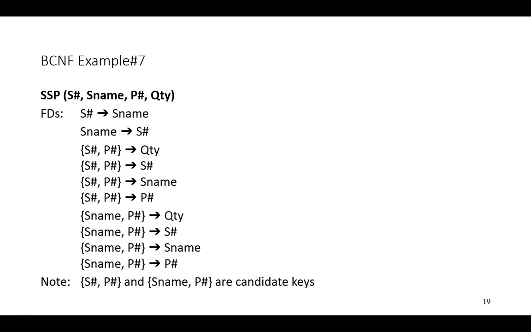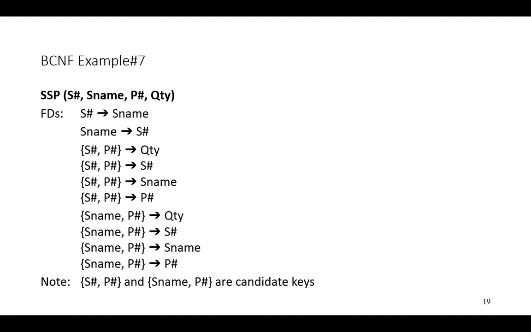One final example regarding Boyce-Codd normal form is the table or relation SSP. This consists of the attributes of S number, S name, P number, and quantity. The functional dependencies are as shown here. S number determines S name. S name determines S number. And then we have composites.